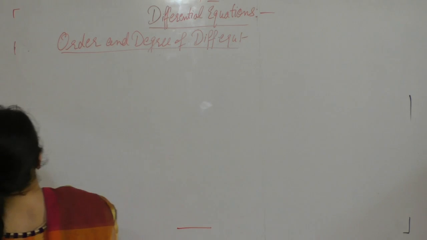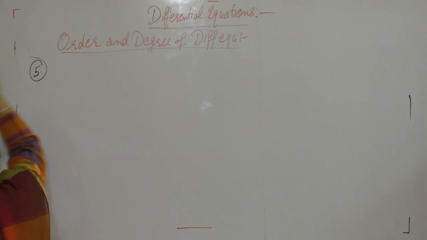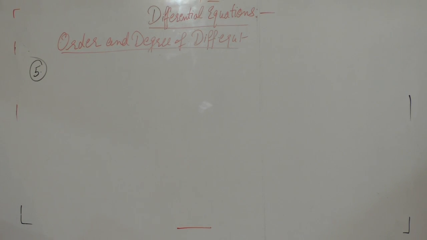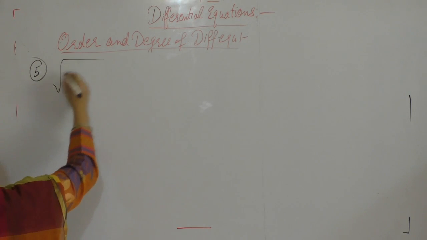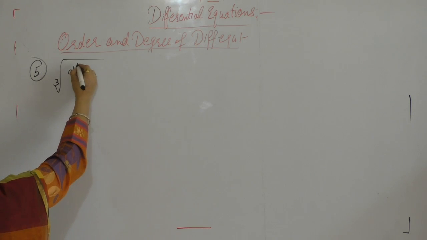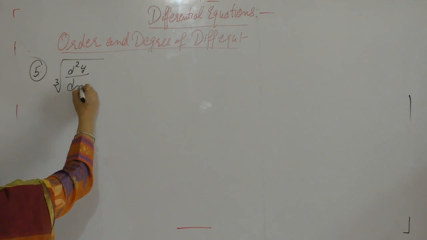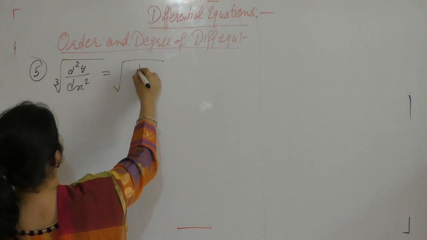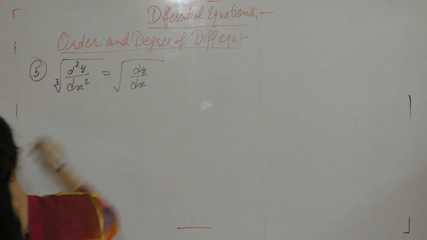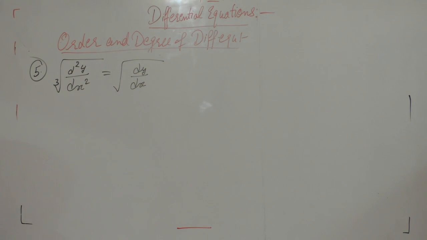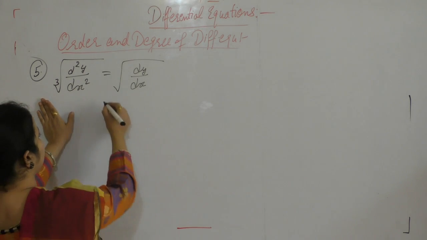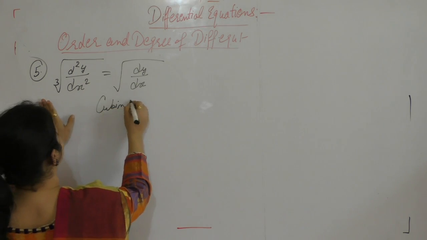Now the next question is cube root of d square y upon dx square is equals to square root of dy upon dx. First, to remove the cube root, we will do cubing on both sides.